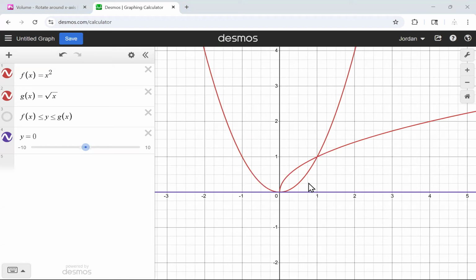You'll notice that the only closed bounded region that we have is this one, which goes from 0, 0 up to 1, 1. So the x values are ranging from 0 to 1. So are the y values. But we want to rotate it around the x-axis.